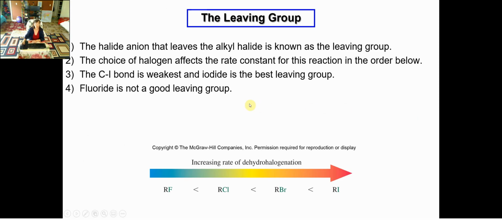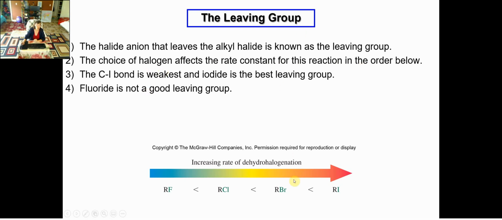And about the leaving group, as we mentioned, the leaving group is related to the halides. The halide with the lower electronegativity, such as iodo, is the best leaving group. The choice of your halogen is going to affect the reaction rate in order to produce alkene.